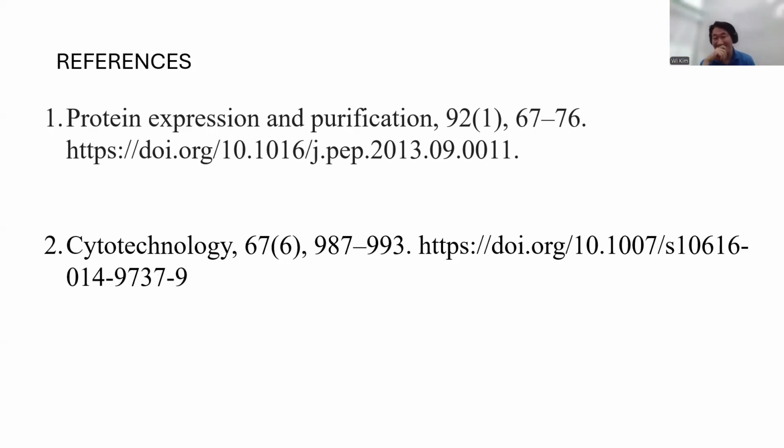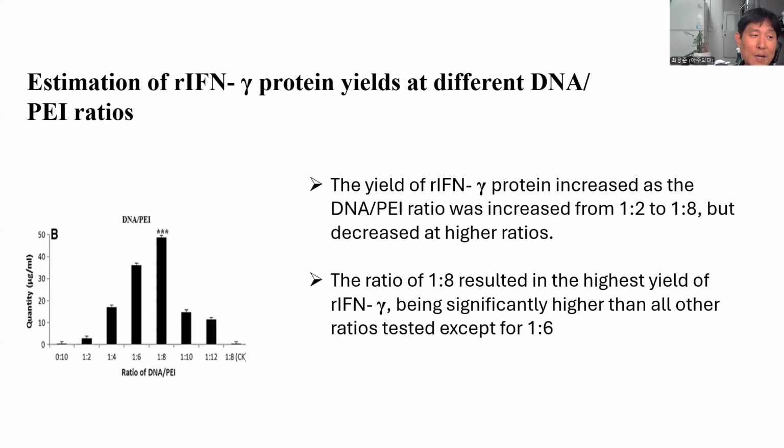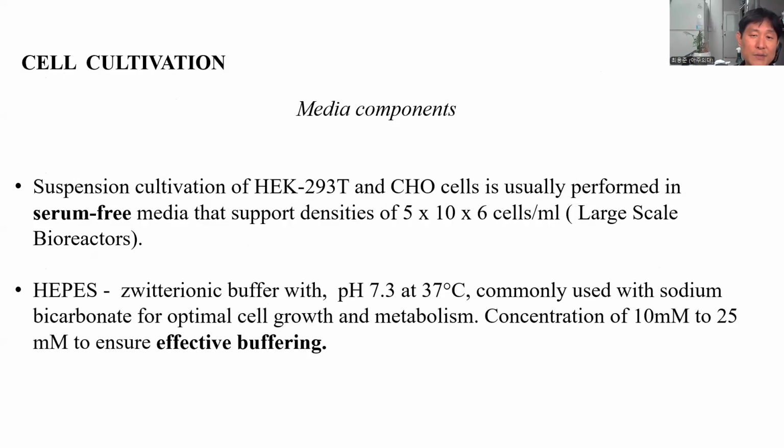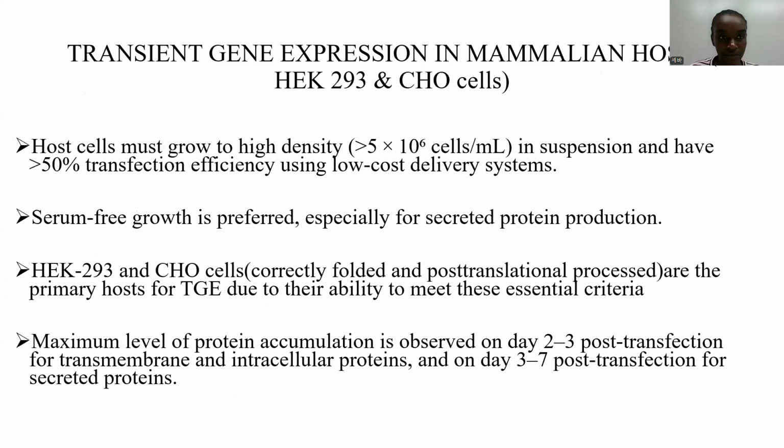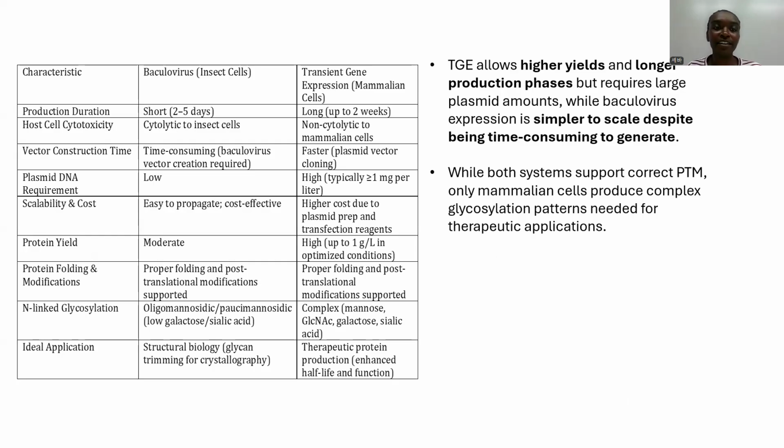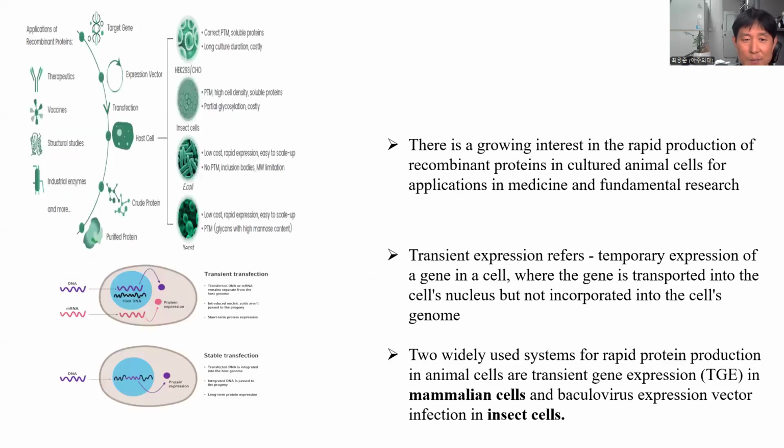For my understanding, you showed us the table comparing the E. coli, yeast, and baculovirus system, and then the mammalian system. This one. Oh, this baculovirus. Oh, no. Previous one. Another table.